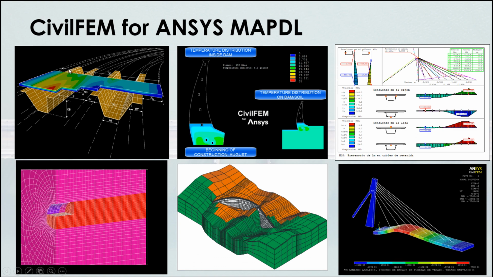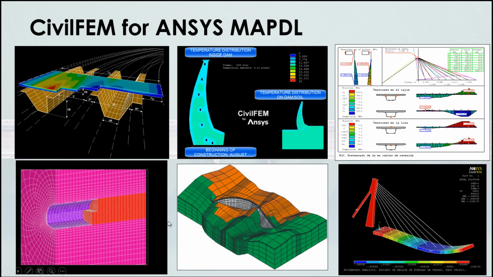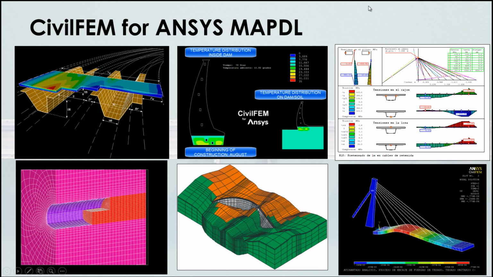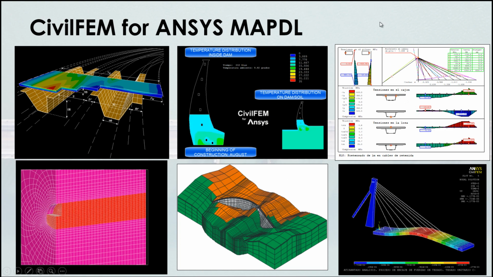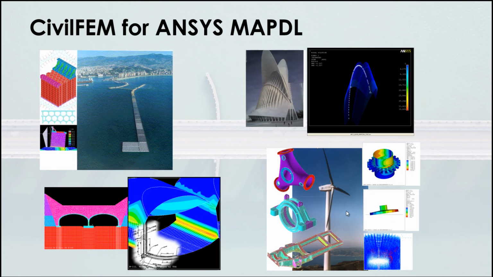Some examples that have been done with CivilFEM for ANSYS are some of these plots: bridges, tunnels, dams, with the powerful ANSYS solver, plus the capabilities that are added by CivilFEM. Here we have some other examples: offshore structures, structural buildings, wind turbines, foundations, and also tunnels.